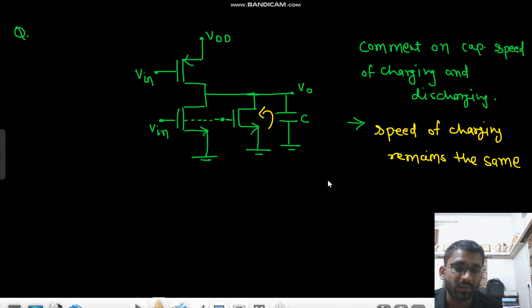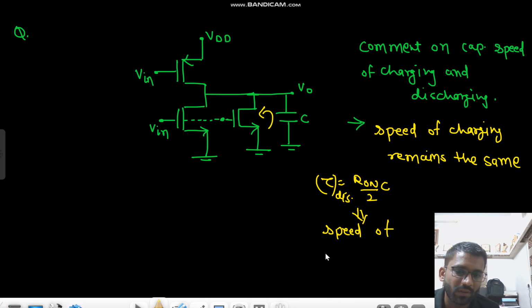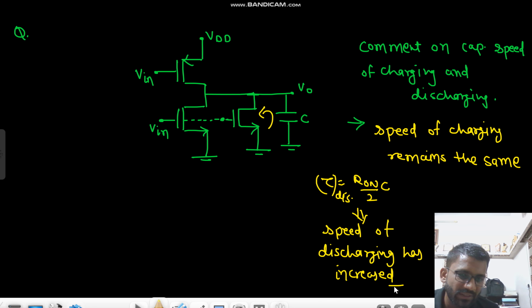So tau would be equal to R1 by 2 into C for discharging. That means speed of discharging has increased. Okay, so these kinds of questions can be asked.